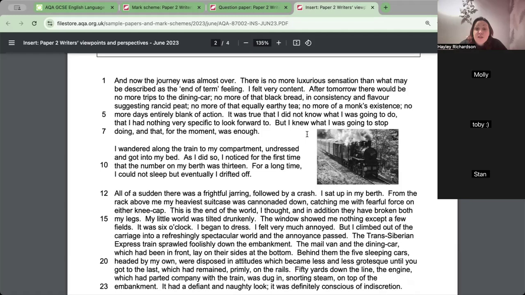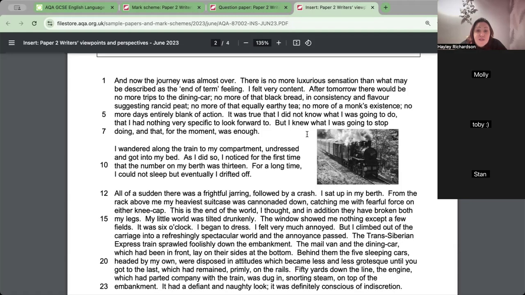There is no more luxurious sensation than what may be described as the end of term feeling. I felt very content. After tomorrow, there would be no more trips to the dining car, no more of that black bread, the inconsistency and flavour suggesting rancid peat, no more of that equally earthy tea, no more of a monk's existence, no more days entirely blank of action.